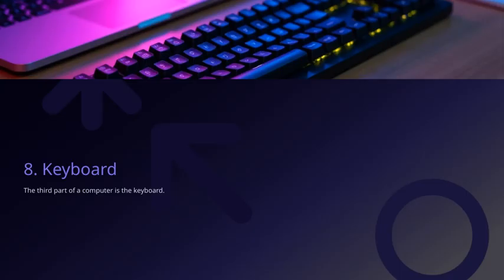These keys work together to help us input information quickly and efficiently. Understanding how the keyboard fits into the overall system is important because it's the primary way we control and interact with our computers on a daily basis. So, in essence, the keyboard is a vital part of our digital communication and control interface.